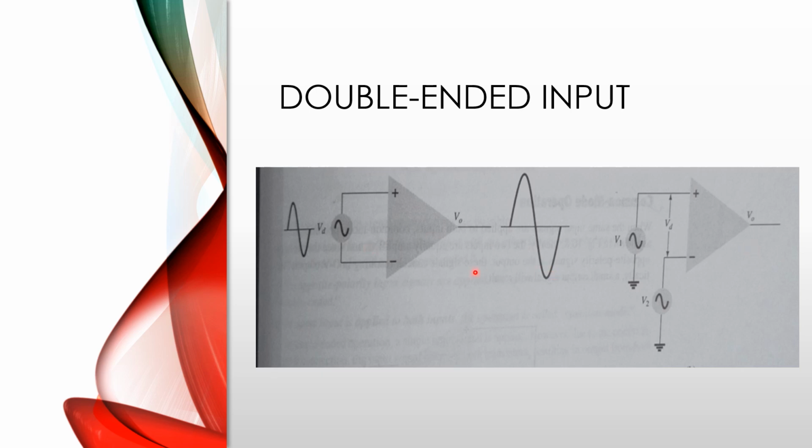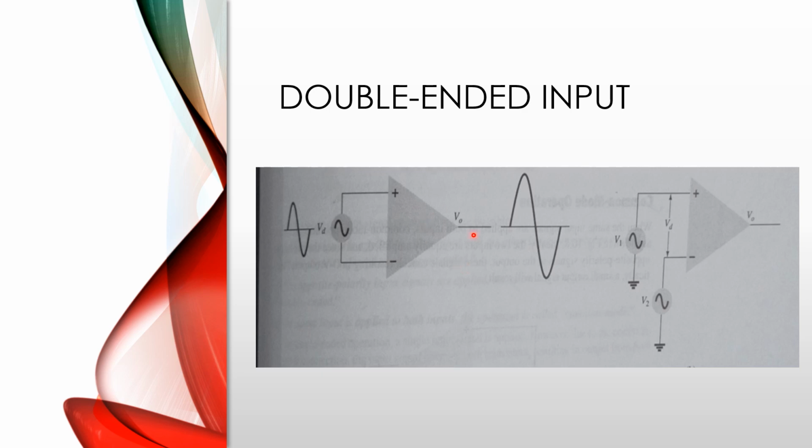So, here we saw two types of connection for double-ended input. One is where a common input signal is applied to the non-inverting terminal and the inverting terminal, and the output we get is an amplified, in-phase output.